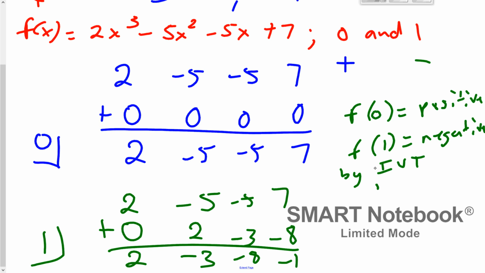So you can say by the intermediate value theorem there exists an x between 0 and 1 such that f of x, or maybe not use x, you could use a different letter, equals 0. Maybe like in the book they always use c.